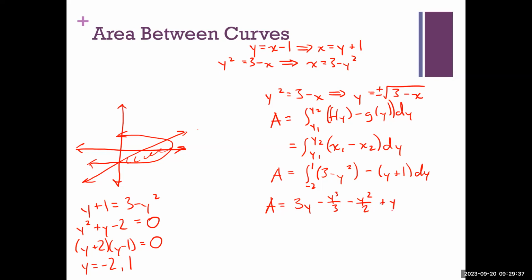We did not simplify beforehand. We could have. Minus y. Oh yeah, thank you. All right, so let's go ahead and collect some terms. 2y minus y cubed over 3 minus y squared over 2 from -2 to 1.